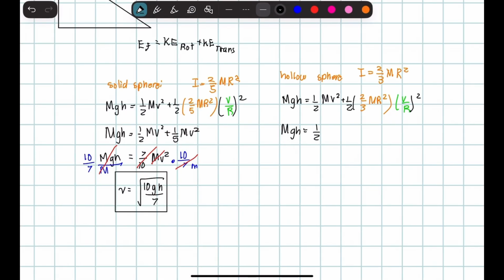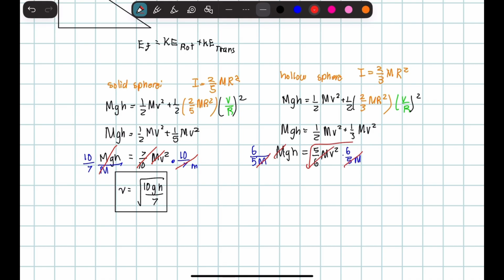So this is going to be equal to 1/2 of v squared plus 1/3 v squared. That's going to equal 5/6 v squared. Now, we just want v, right? So that's 6/5 times gh.